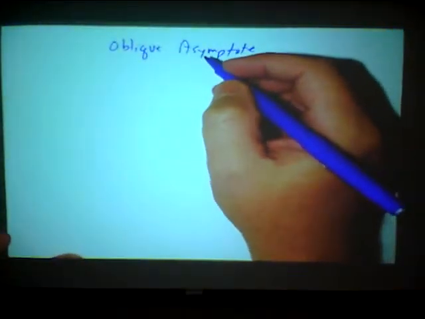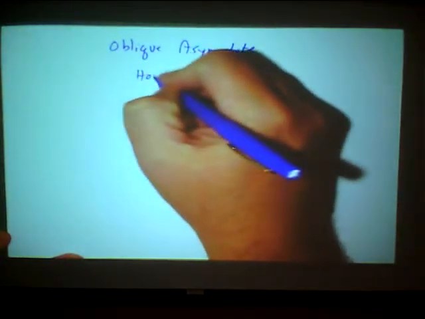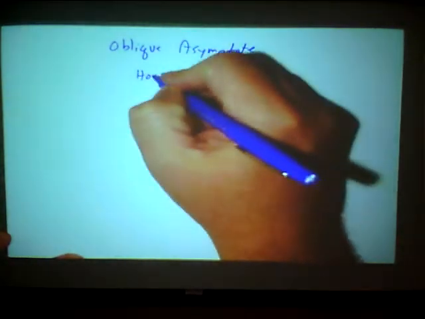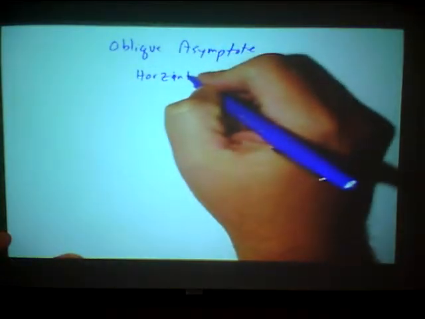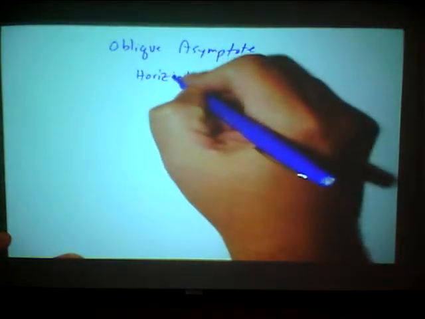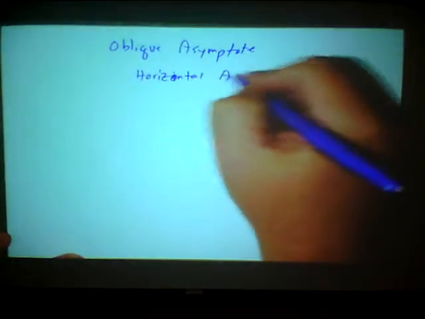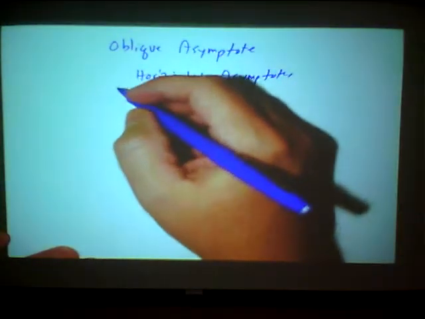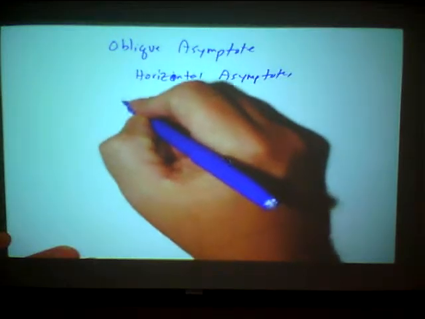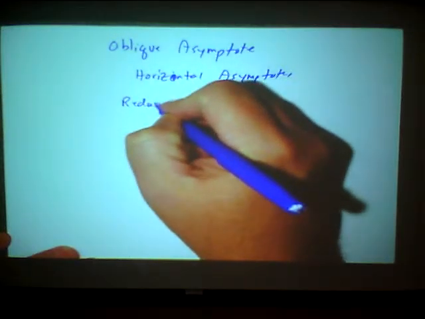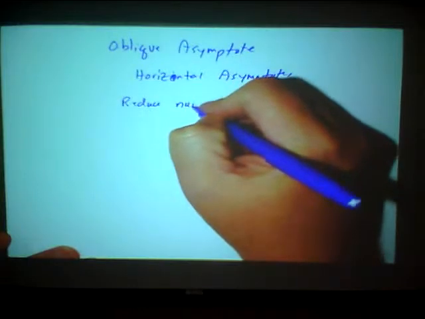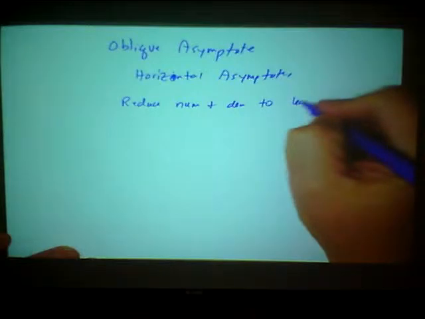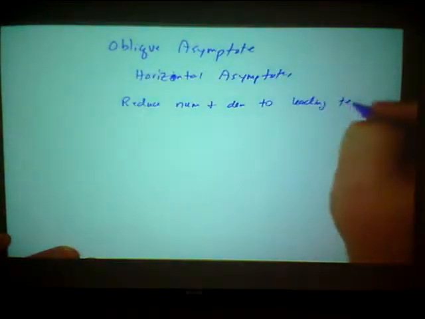This has to do with, as we're looking at our horizontal asymptotes, the whole key is you have to reduce the numerator and denominator to what we call the leading terms.